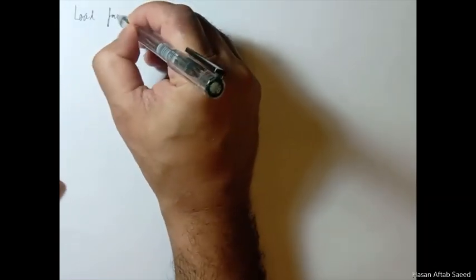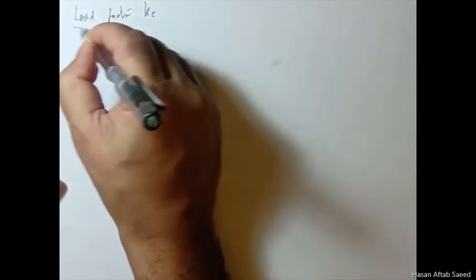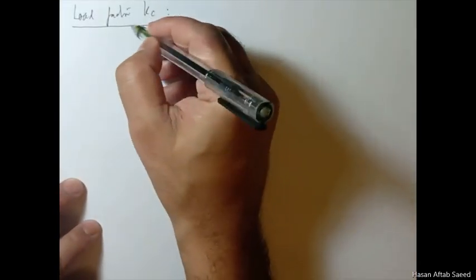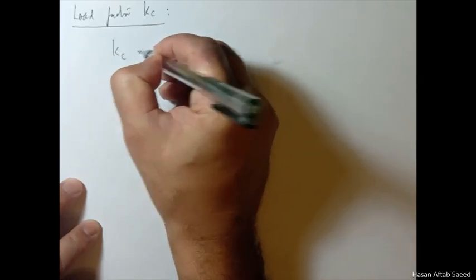Now we come to the load factor, Kc. Now, the manner of the loading in the rotating beam test was bending, pure bending, completely reversed bending stress. Now, in the part to be designed, if it is also pure bending, then there's no trouble.